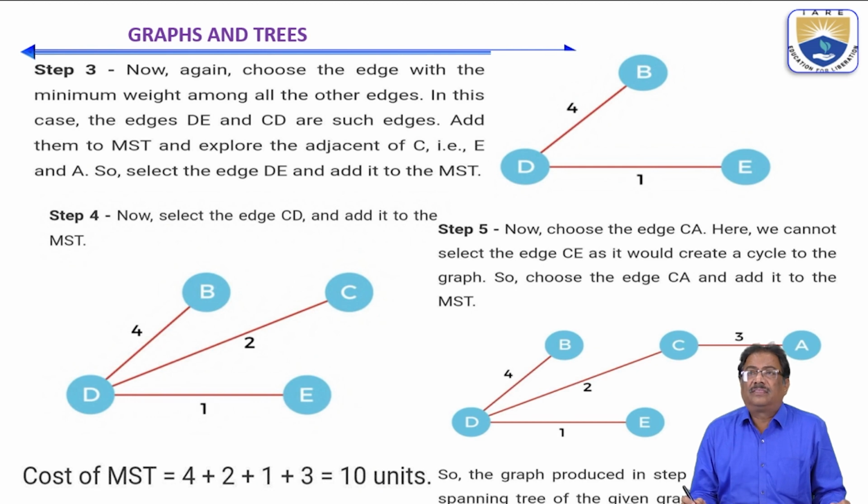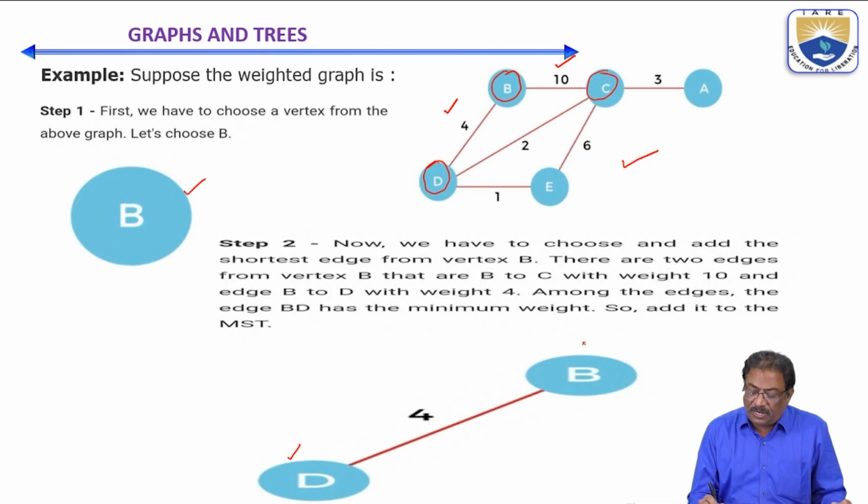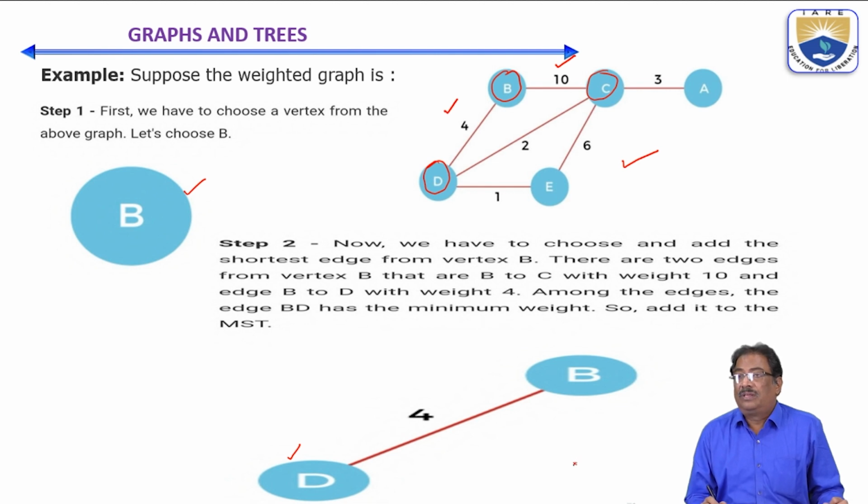Now let us go to the third step. From where are we going to select? Either we choose from D's adjacent vertices, or from B's remaining adjacent vertices, whichever corresponding edge weight is minimum, that we have to select.